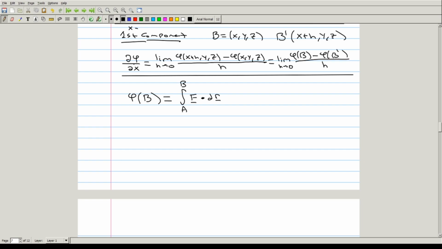We then have the definition of the partial derivative, d phi dx, which gives us the following.